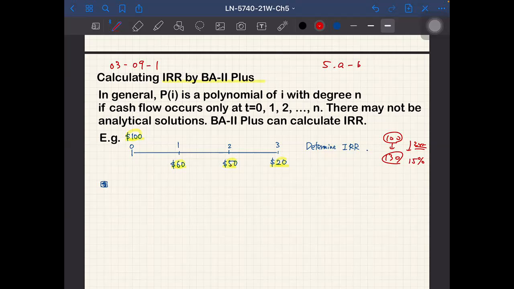Okay, so how to calculate this? So mathematically speaking, if we think about the present value, 100 should be equal to 60 times v plus 50 times v squared plus 20 times v cubed. And if we consider v equal to 1/(1+i), this is a 3-degree polynomial of i.